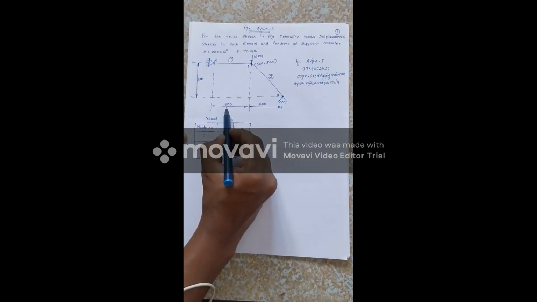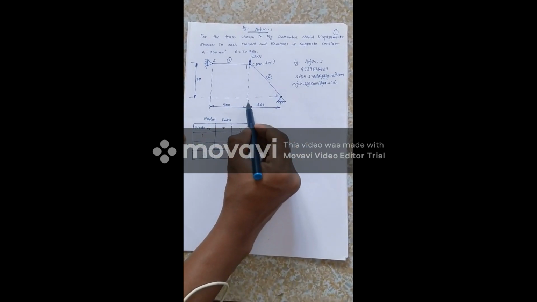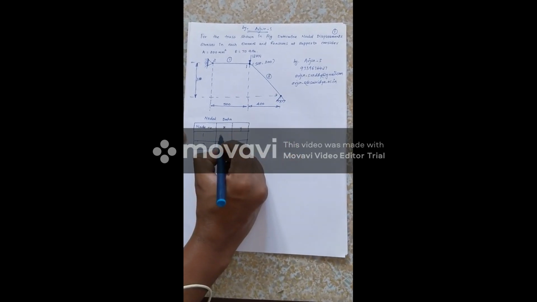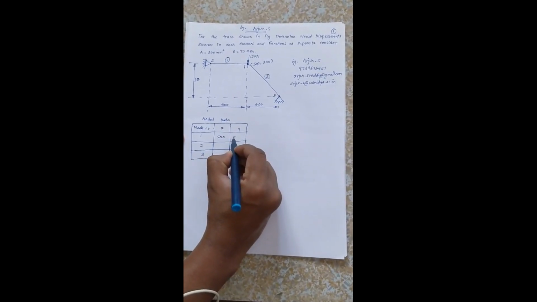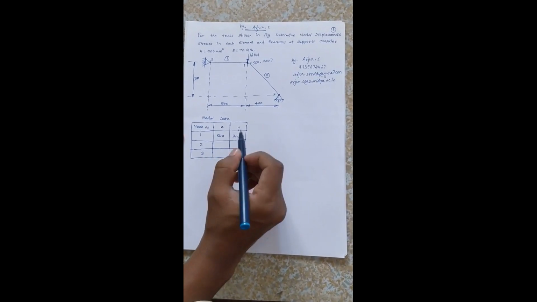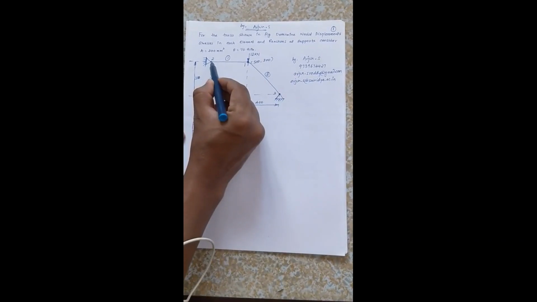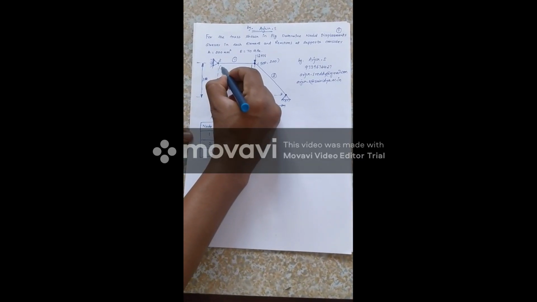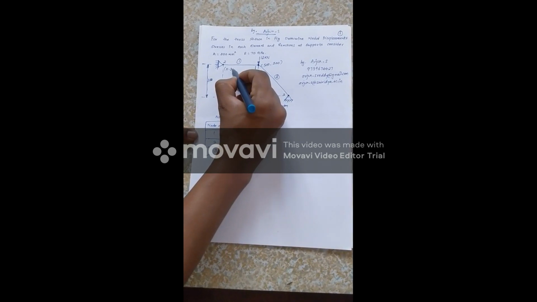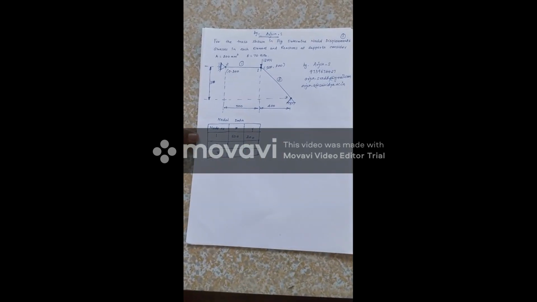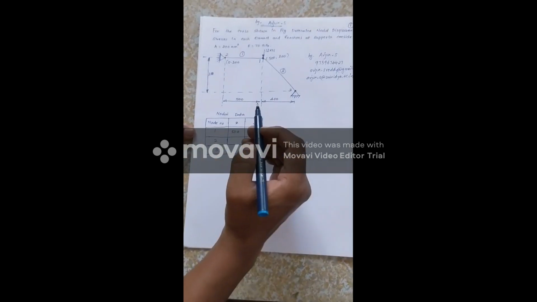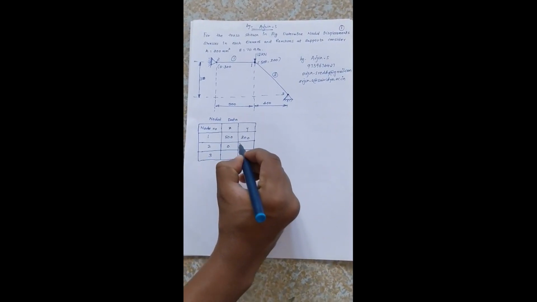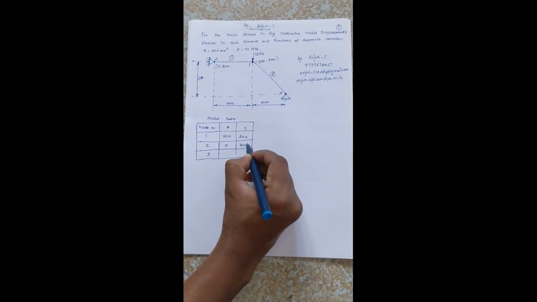You can observe here, this is the dimension given for x. So x is 500 and y coordinate is 300, that we can write here. Since this is node number 2, the x coordinate is 0 and y coordinate is 300, and we can write that here.